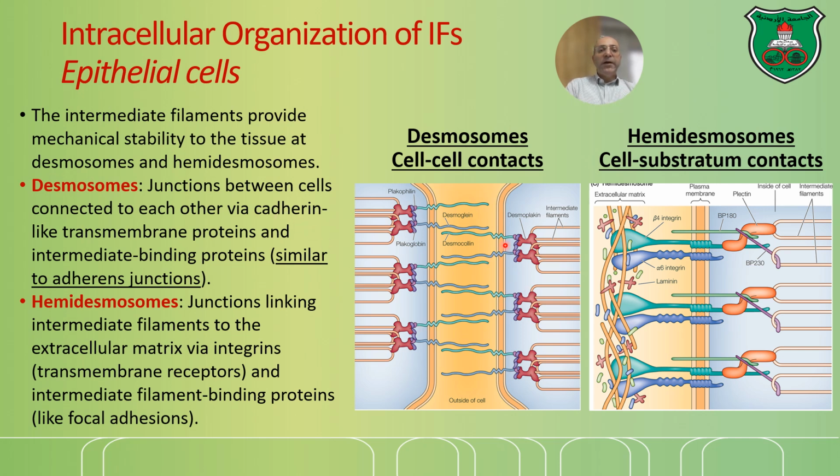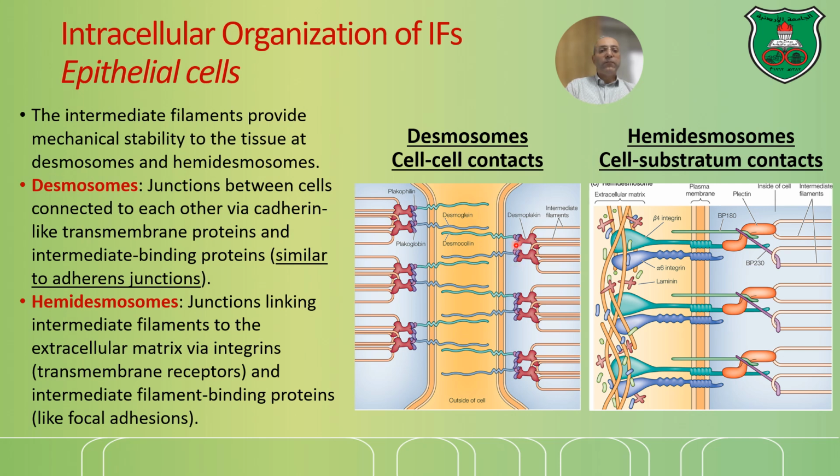And they interact with intracellular proteins, and these intracellular proteins interact with intermediate filaments. Okay, so it's really similar to adherens junctions, where we have the cadherins interacting with the actin cytoskeleton via catenins. Here we have the interactions between the receptors and the intermediate filaments, also via other intermediate filament binding proteins.